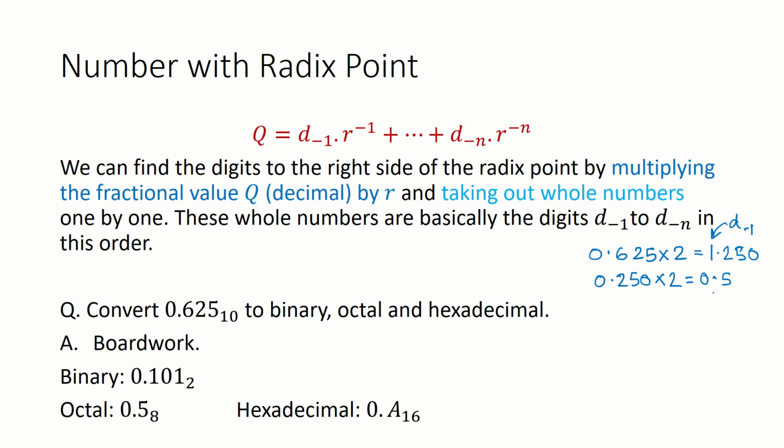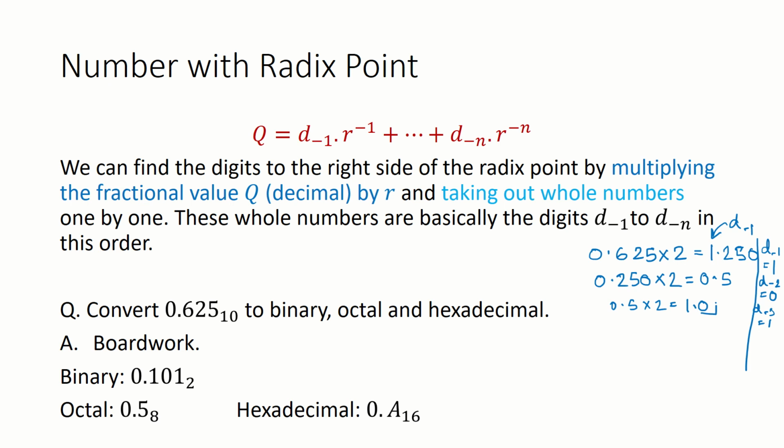You can write at the side by making another column: d minus 1 will be equal to 1, d minus 2 will be 0 now because the whole number was 0. Next, 0.5 into 2 will be 1.0 and d minus 3 will be equal to 1.